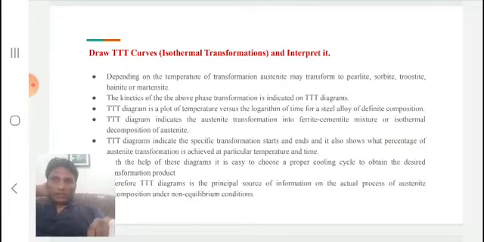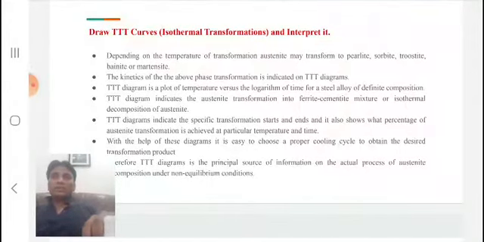The TTT diagram indicates the austenite transformation into a ferrite cementite mixture, or isothermal decomposition of austenite. With the help of these diagrams, it is easy to choose a proper cooling cycle to obtain the desired transformation product.